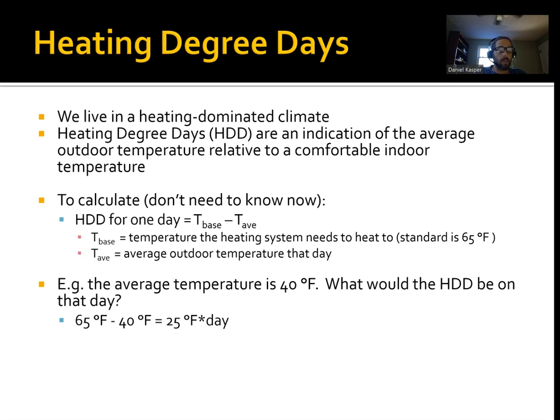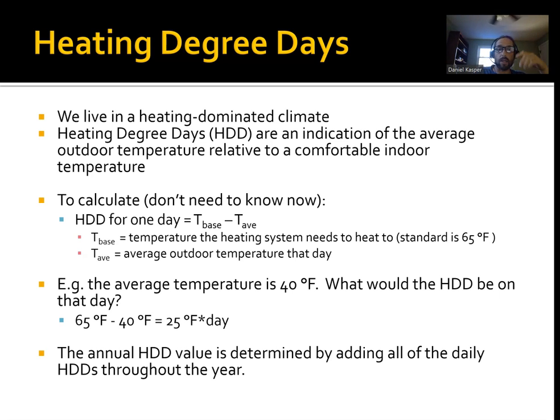And then what you can do is you can take the heating degree days every day of the year for a particular climate and add them all up, and that's your total HDD for the year. You can do it for any period of time. You can do the heating degree days for a week, for a month, whatever.